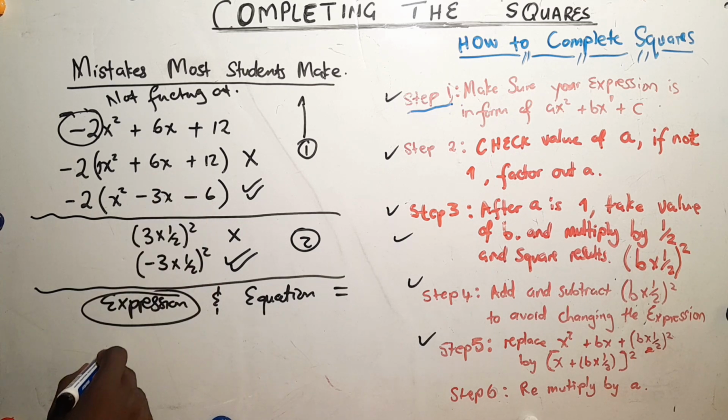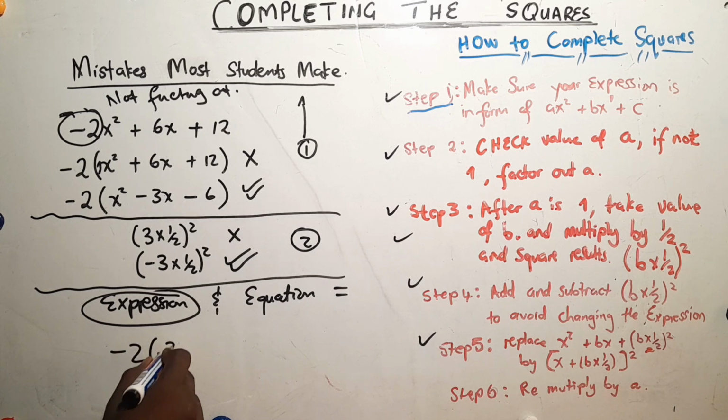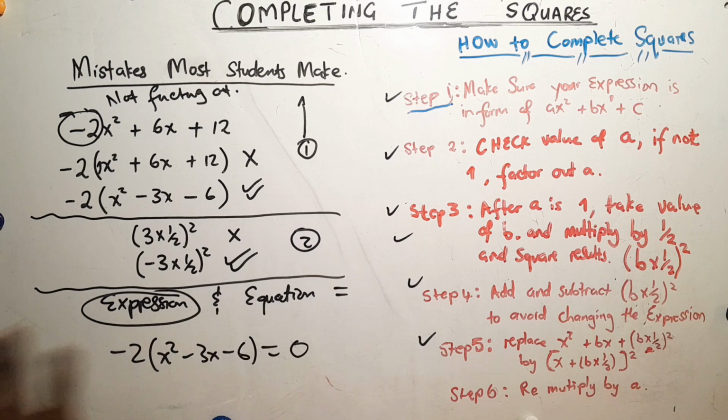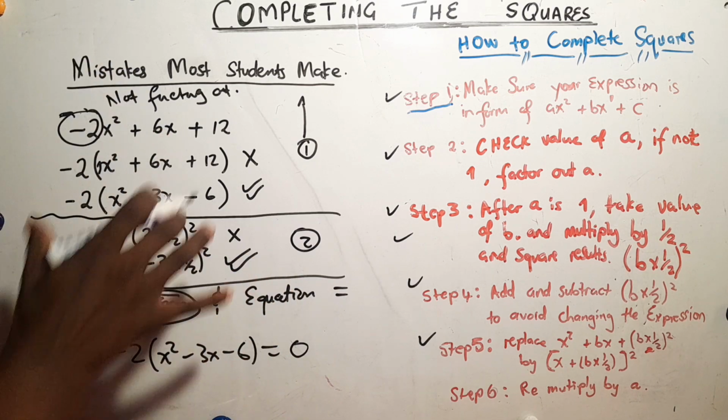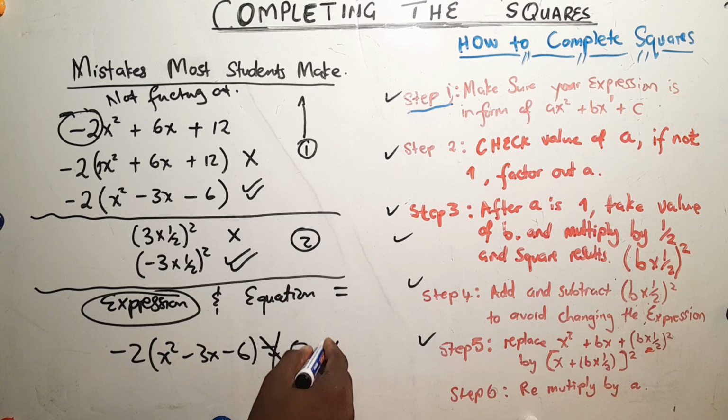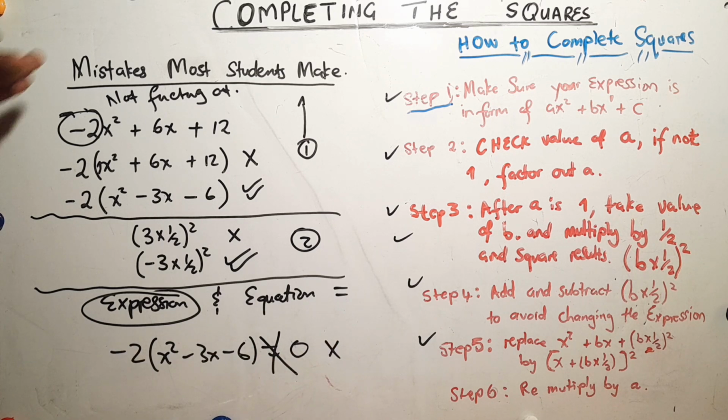You find them writing something like that, which you were not given at first. So don't make the mistake of putting an equal sign there. Just complete the square and finish it with the steps that I've shown you, right?